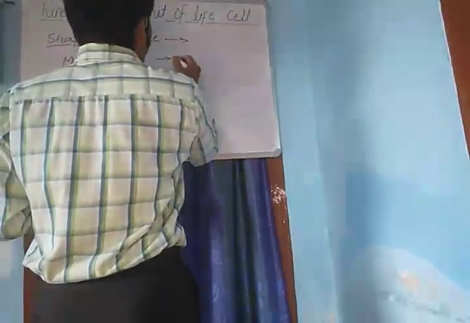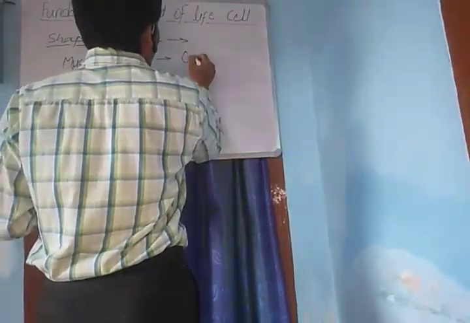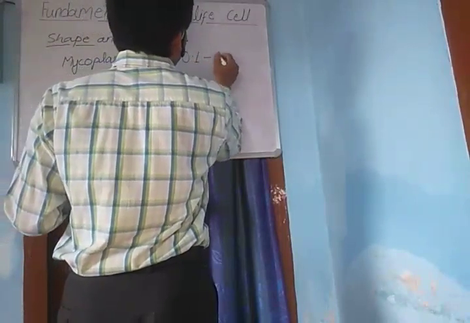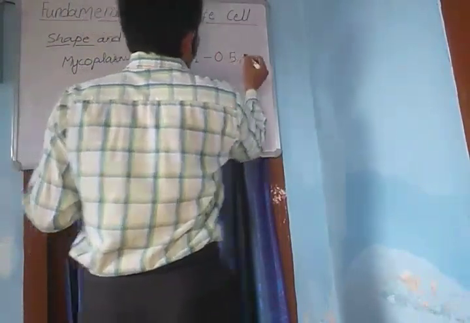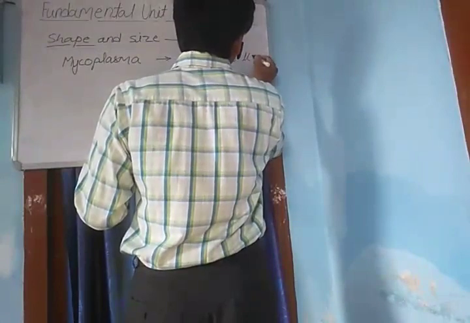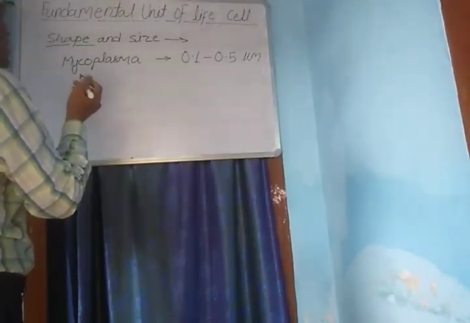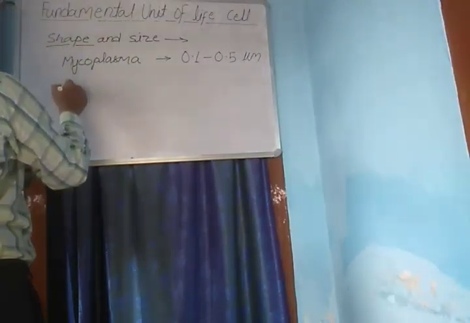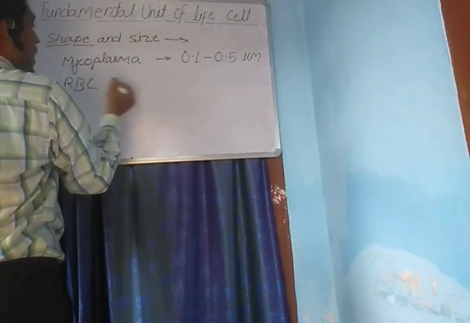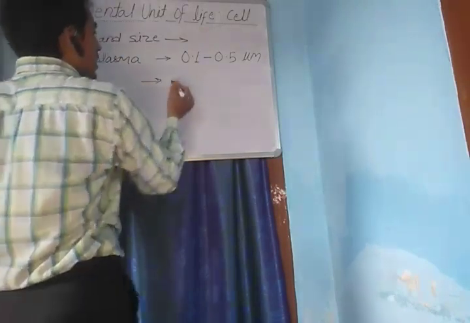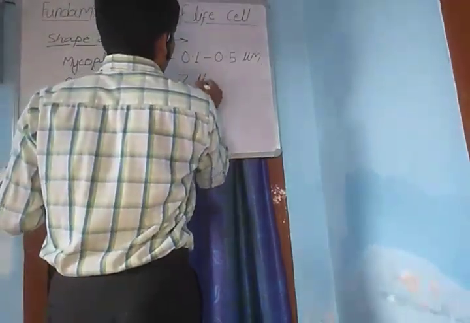Mycoplasma cell size is 0.1 to 0.5 micron, that means micrometer. The diameter of RBC is around 7 micrometer.